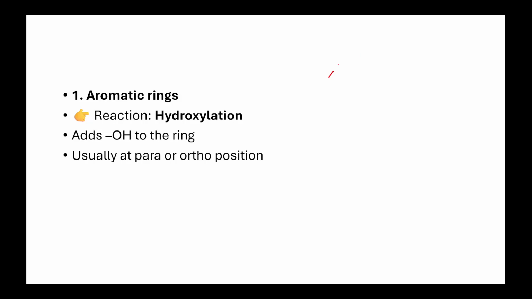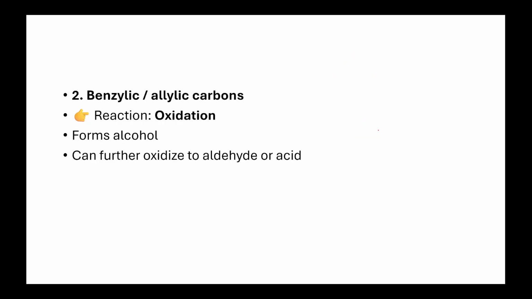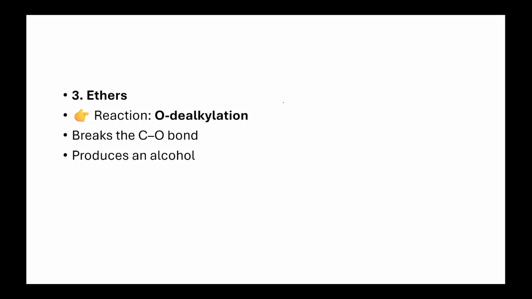Okay, so for aromatic rings, you simply add OH. For allylic or benzylic carbons, it becomes an alcohol. For ethers, the ether part becomes an alcohol and the other part becomes an aldehyde.